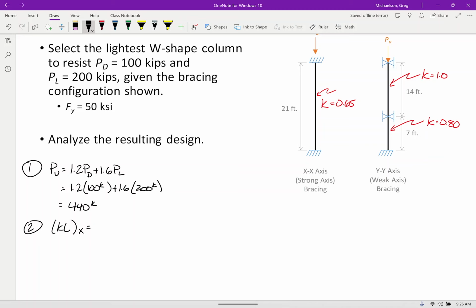Okay. Now let's look at step 2. We need to determine KLX, KLY. KLX is pretty easy because there's only one segment. What do we get for this? 13.65. 13.65.